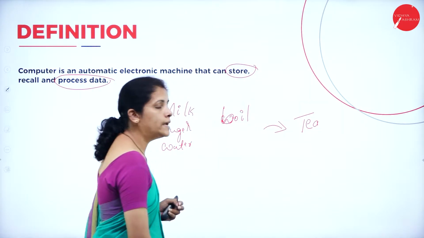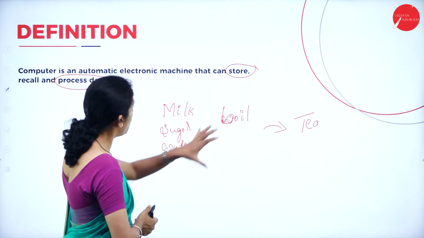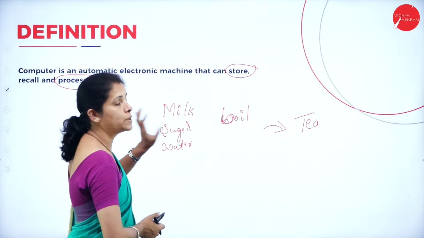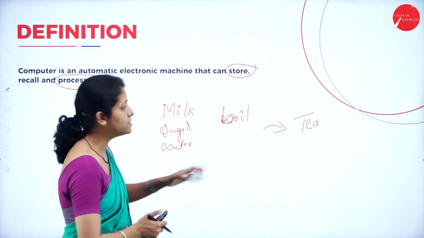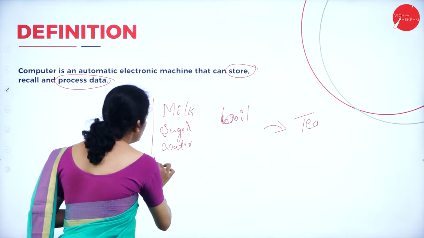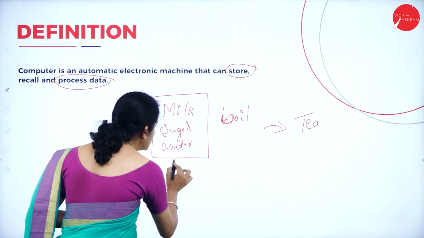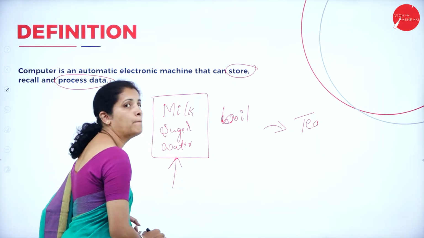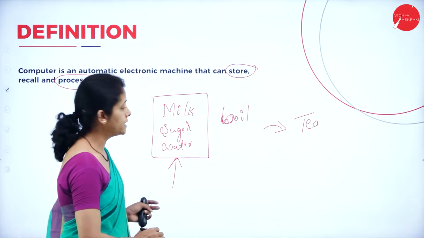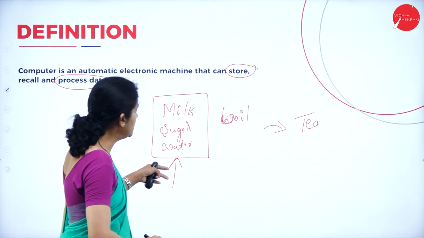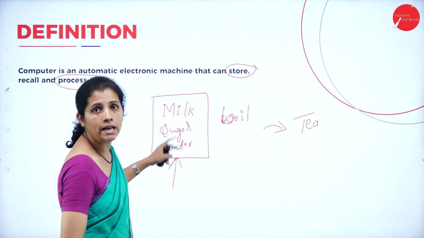So dear student, if I transfer all these activities with respect to computer system, then milk, sugar, water, all these are nothing but my input. That is nothing but all the ingredients are treated as an input.